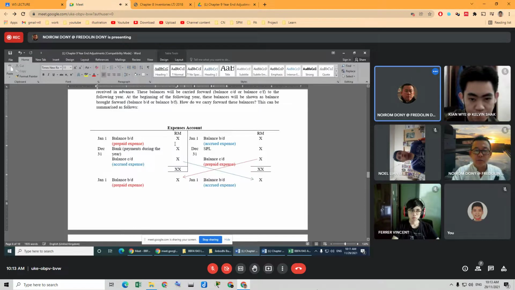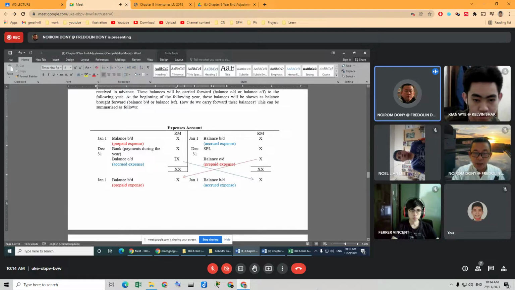Now, when the business makes a payment, of course, the expenses will be debited. So this is the debit, and then the credited account is bank. This one is only the explanation of payment during the year. If we have the balance CD above the total on the debit side, this is a credit balance, isn't it?